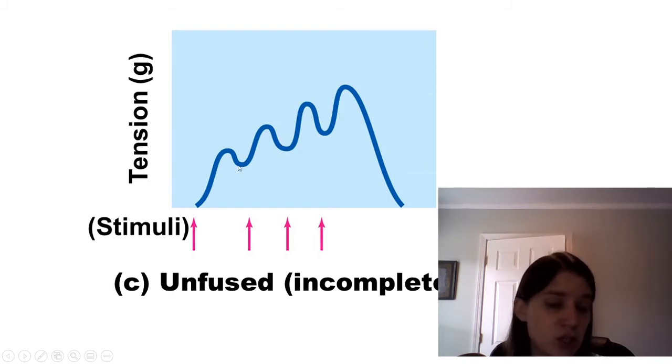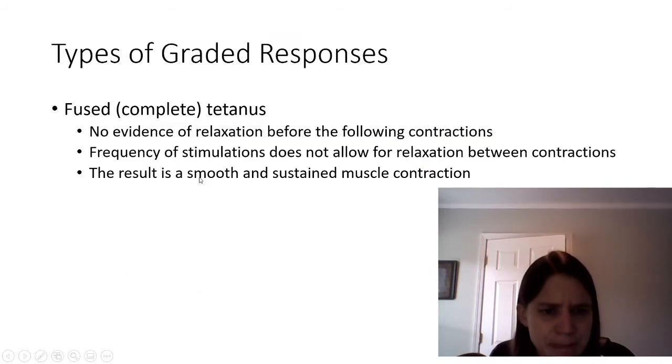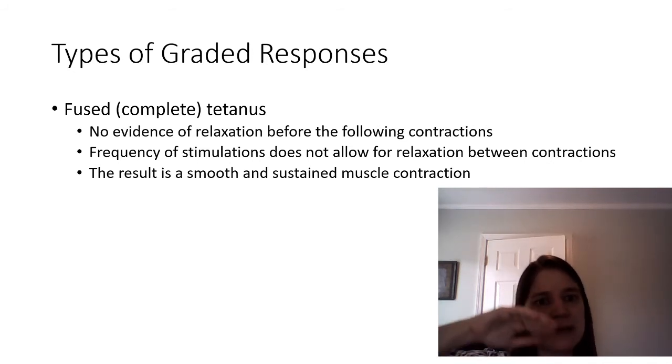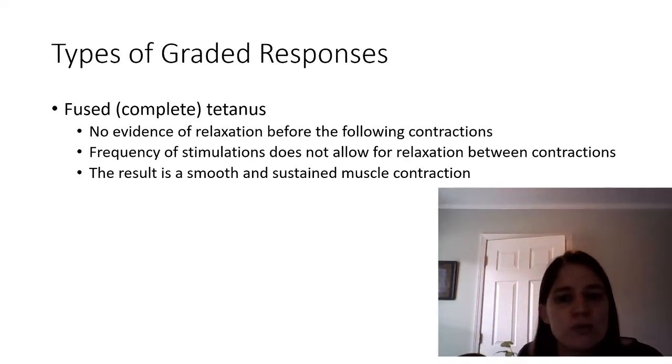You could take this to the extreme, and it looks like this, where relaxation doesn't happen between contractions, and this is because the stimulation's fast enough that it just keeps building tension. This is what you expect when you have some sort of smooth muscle contraction that's sustained.